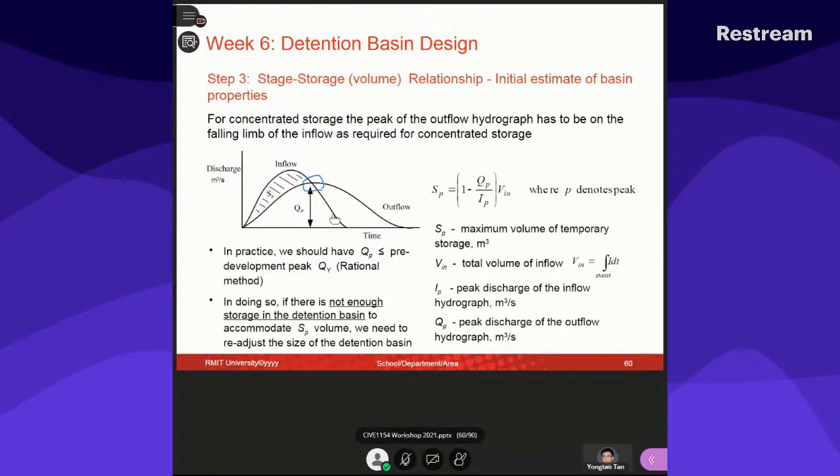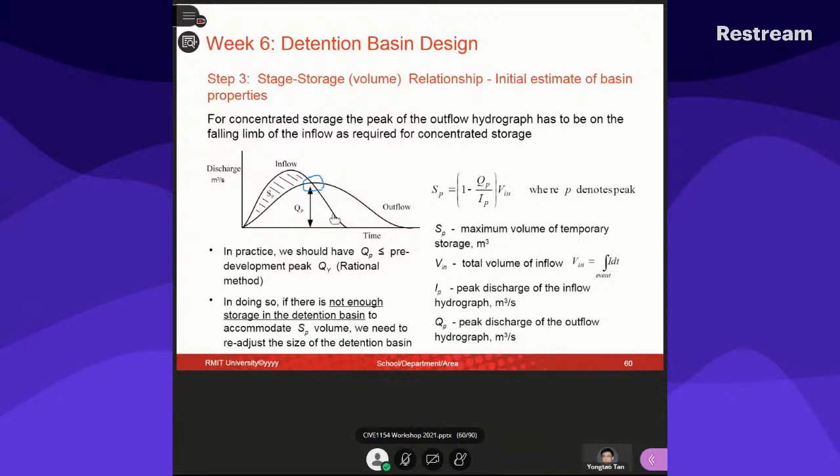So the outflow rate from the detention basin should be less than the runoff of the natural catchment, to reduce the risks of flooding of the downstream areas.